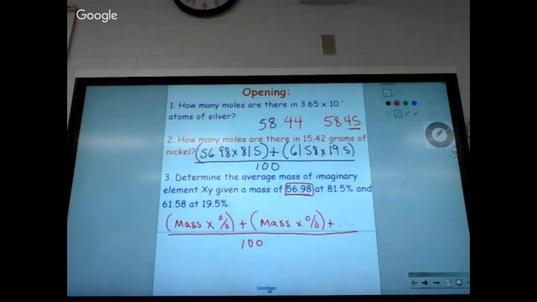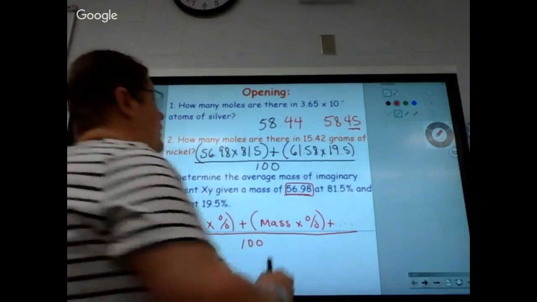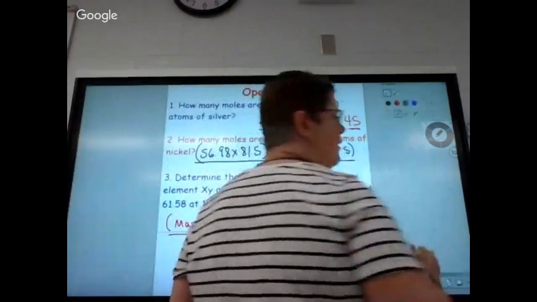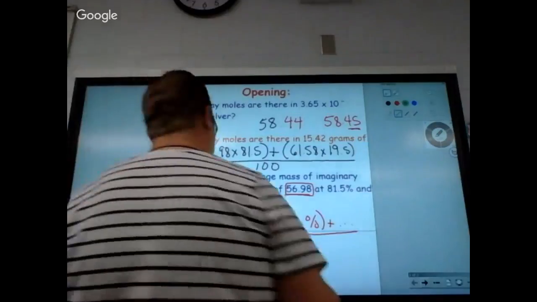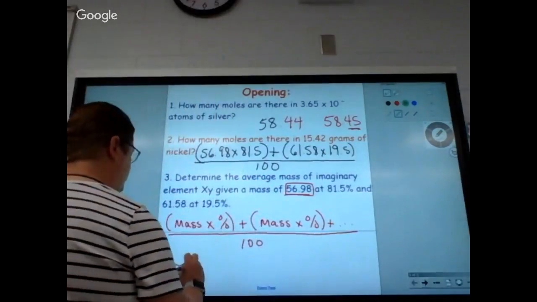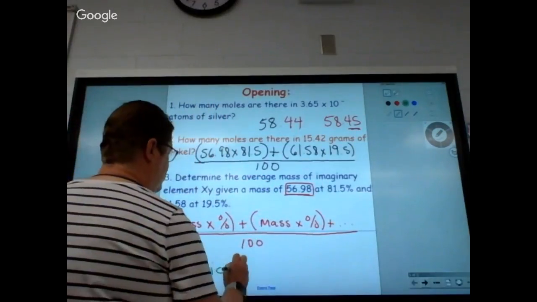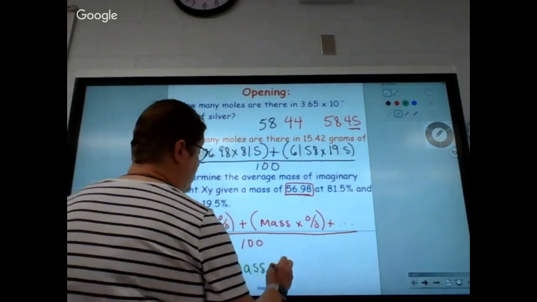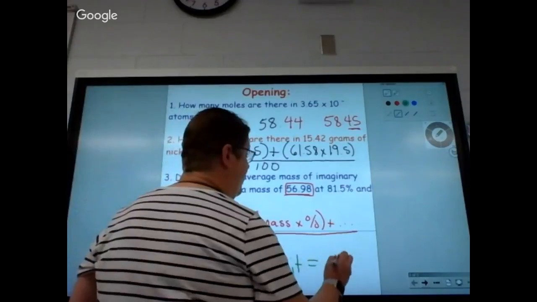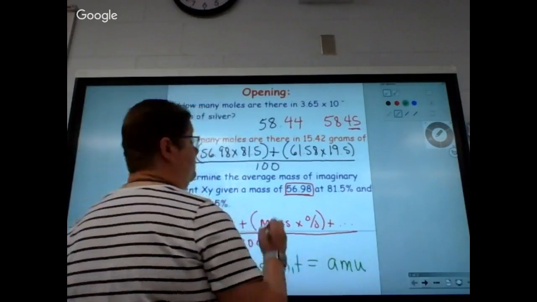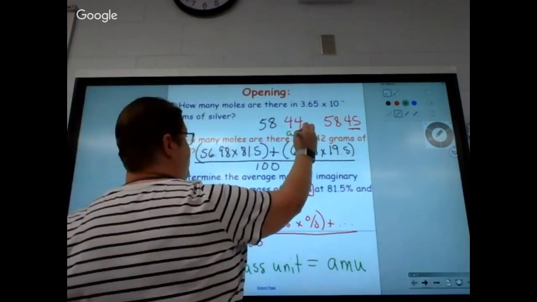It's just the mole thing that's bothering us. What is the unit on that? Did I not talk about that in the video? I can't remember. Okay, the units on this are atomic mass units. That's the name of it. And we abbreviate it AMU. So we write AMU behind it.